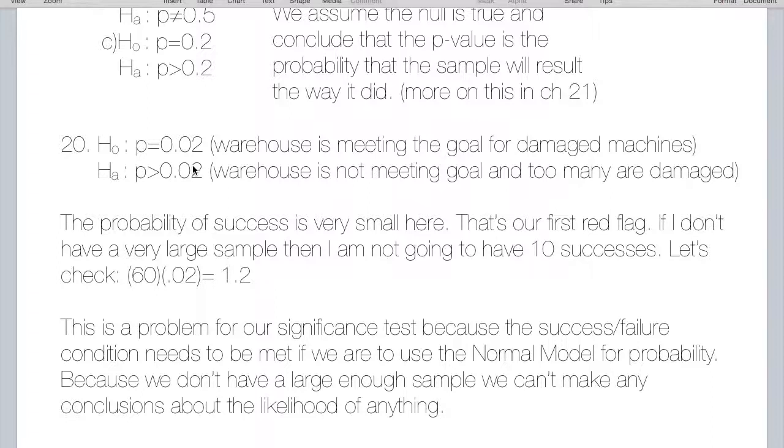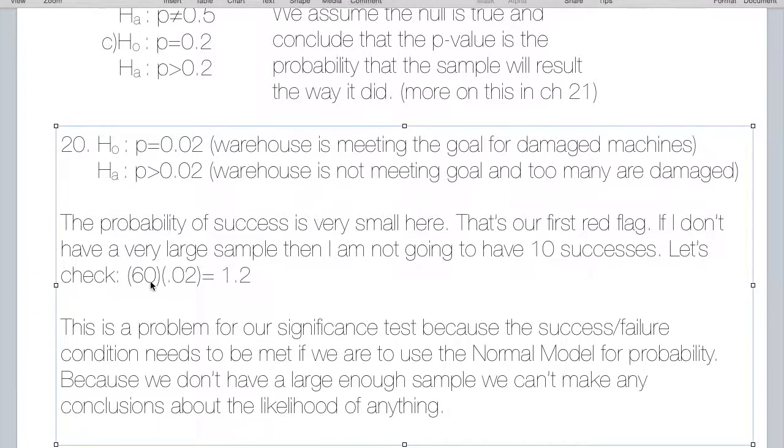Remember, one of our assumptions and conditions is that I have to have at least 10 successes and 10 failures in order to use the normal model to describe the probabilities. If you check your successes and failures, successes is going to be the big problem, because we have only a 2% chance of finding a damaged machine, which would be our success. And 2% times 60 is just 1.2.